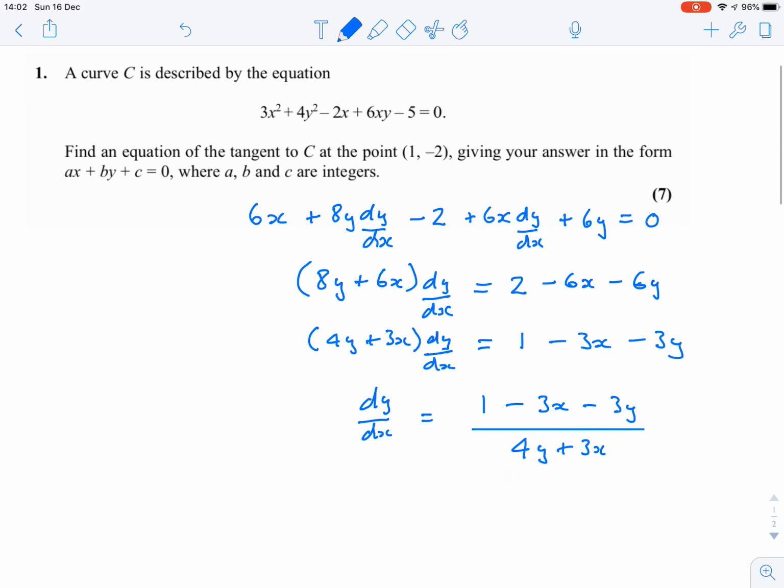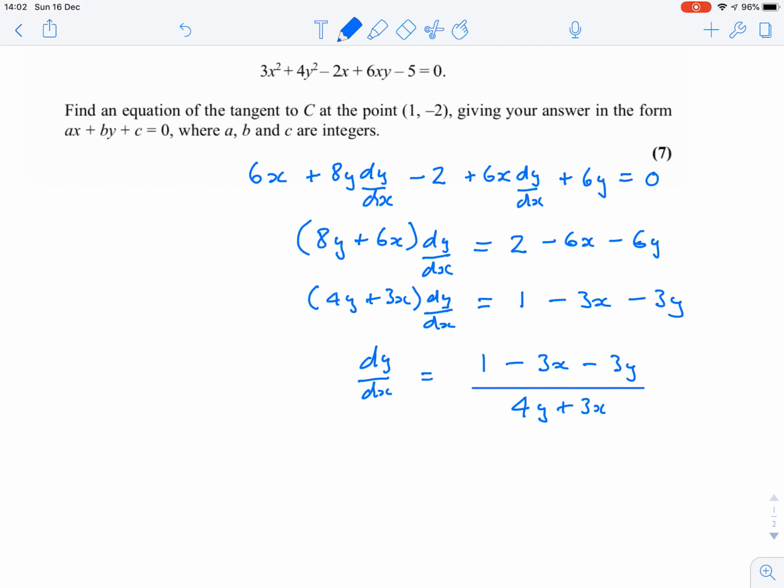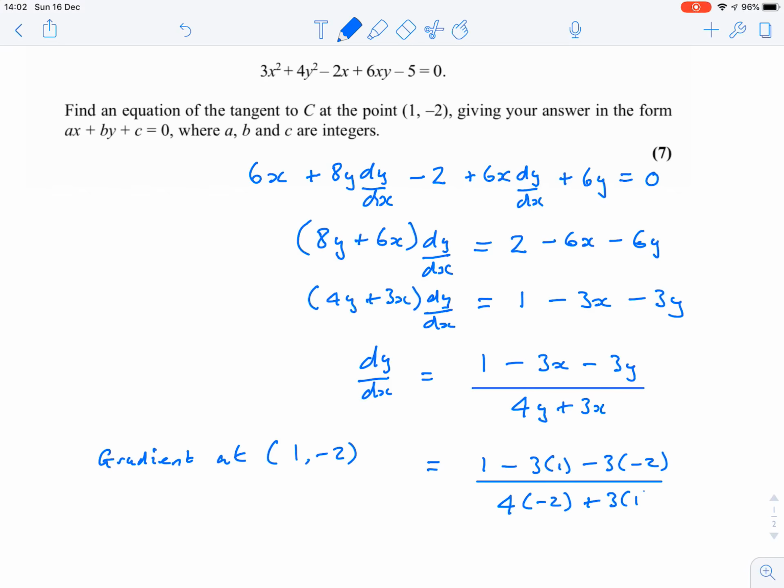So we've now got an expression for dy by dx. We want the equation of the tangent at the point (1, -2), so I want the gradient at (1, -2). And that will be equal to 1 minus 3 lots of 1 minus 3 lots of minus 2 divided by 4 lots of minus 2 plus 3 lots of 1.